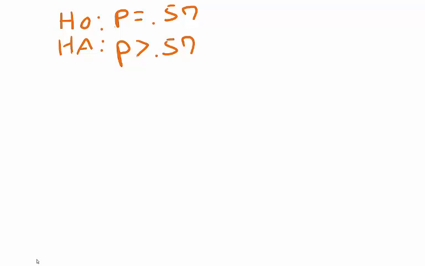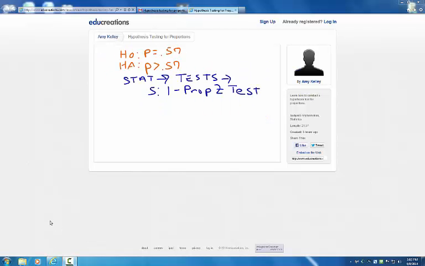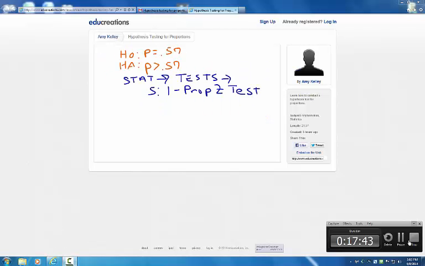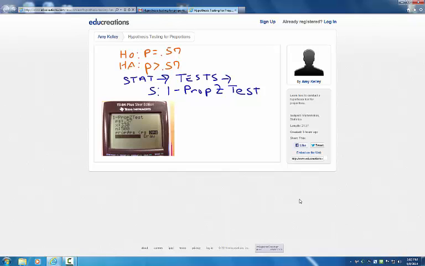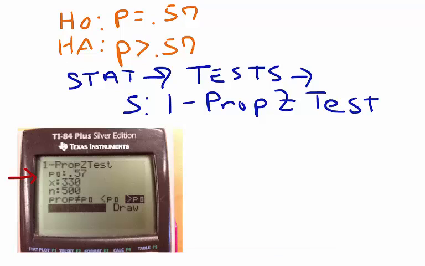In this case, our claim is in the alternate. Once you open up your one proportion z-test menu, you'll type in 0.57 and your p sub 0. This is for your null hypothesis.